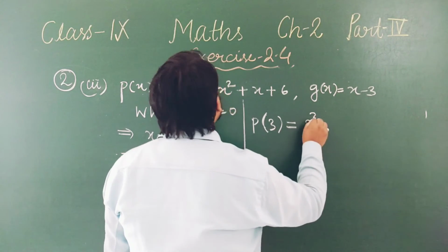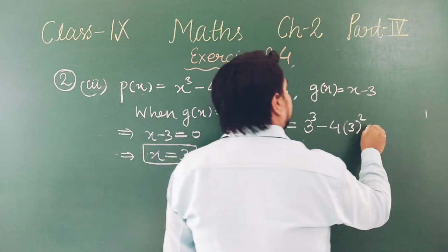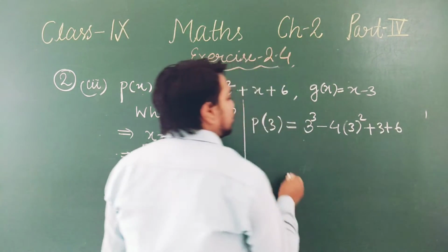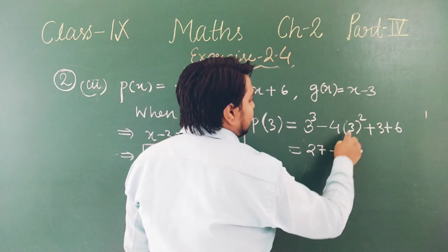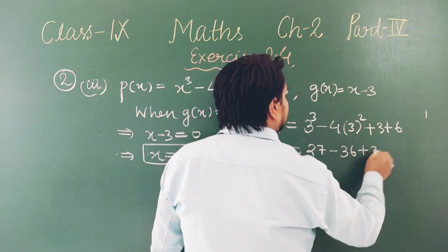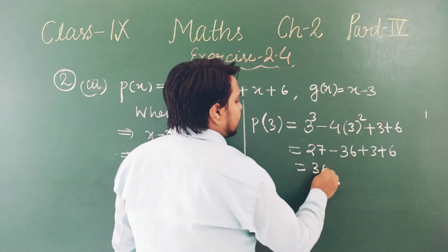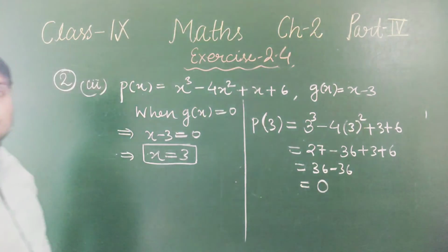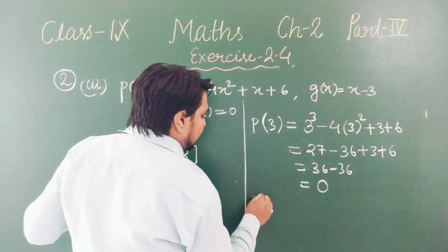So it will be 3 cube minus 4 into 3 square plus 3 plus 6. 3 cube is 27, minus 3 square is 9, 9 fours are 36, then 3 plus 6. 6 and 3 is 9, 9 plus 27 is 36. So 36 minus 36 is coming 0.